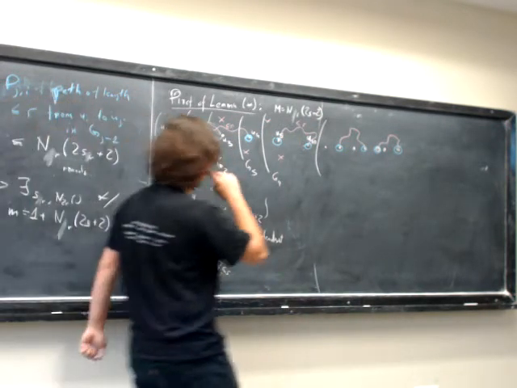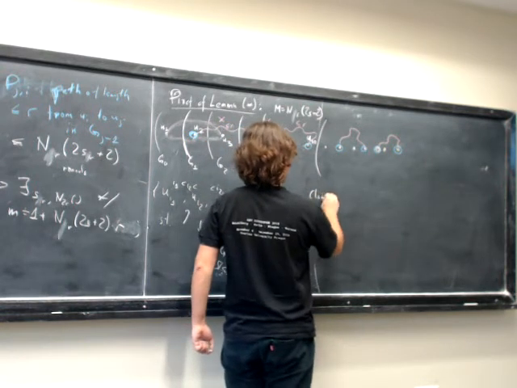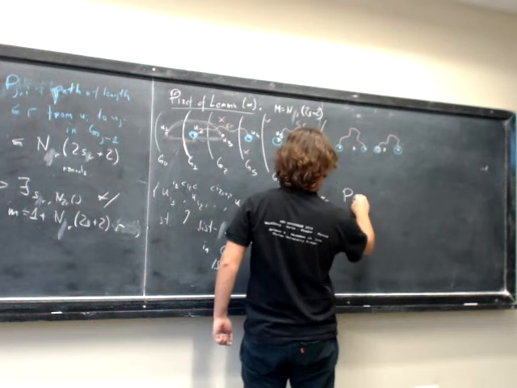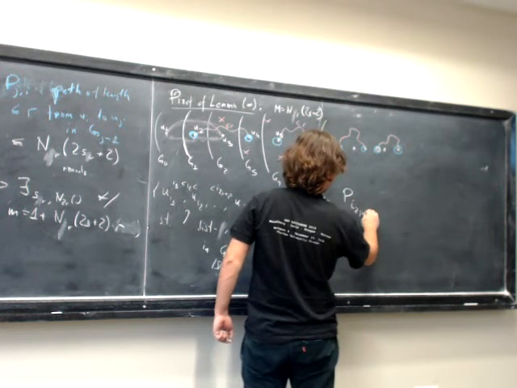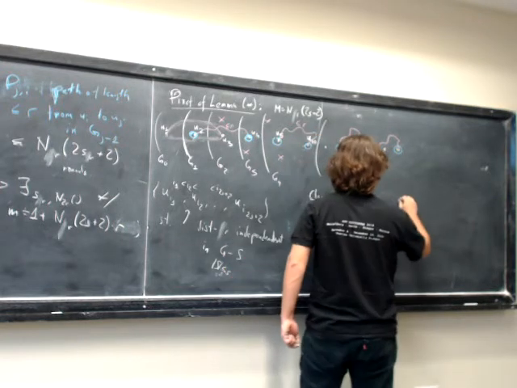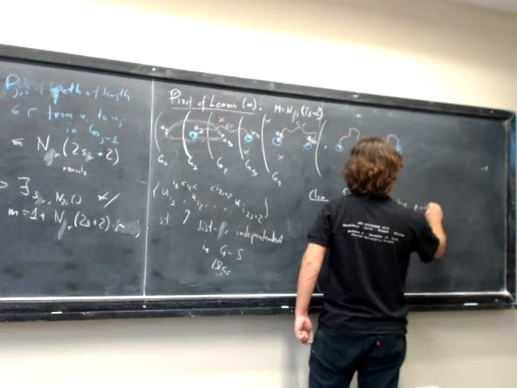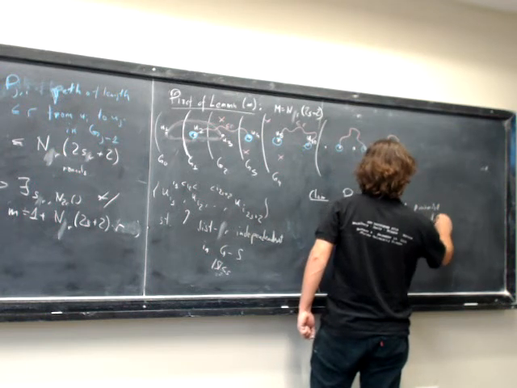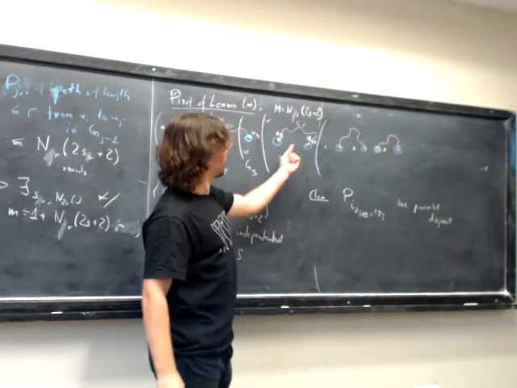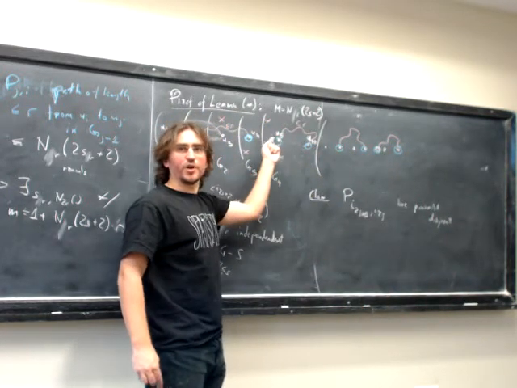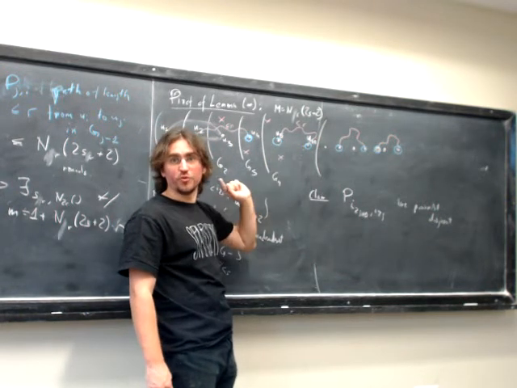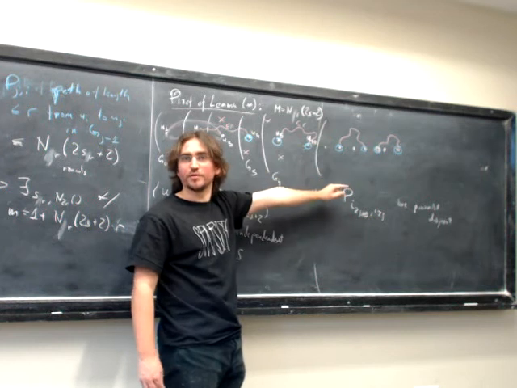So then the claim that I have is that the paths P_{i_j}, say i_j minus 1, i_j, these paths are pairwise disjoint. That's because each of those paths was selected in a graph after the removal of the previous ones and gets removed, so it is disjoint from the later ones.